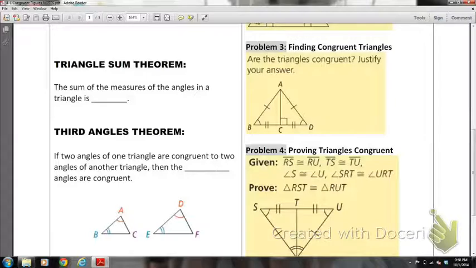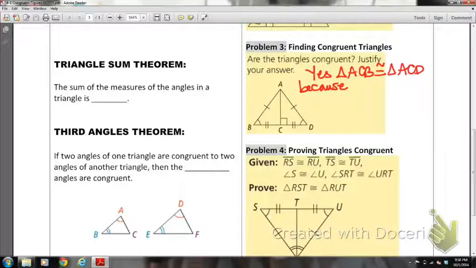We're going to say that the triangles are congruent. So yes, triangle ACB is congruent to triangle ACD because we'll start listing the reasons why here.